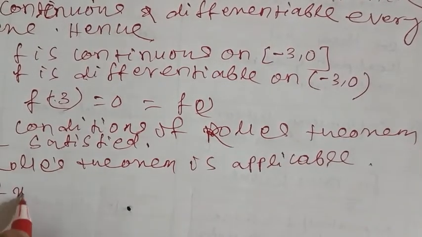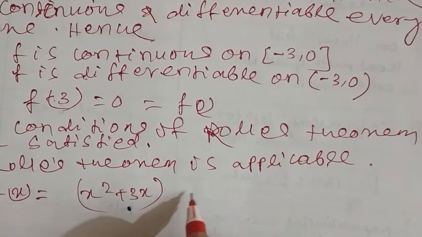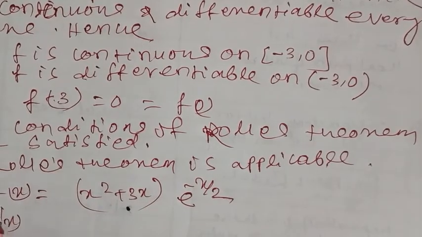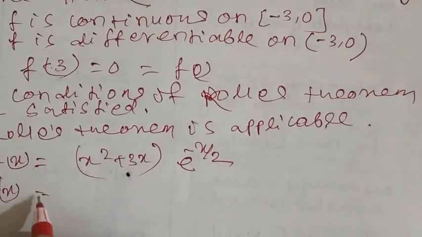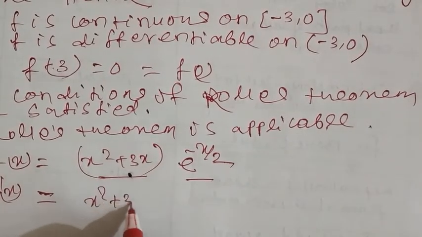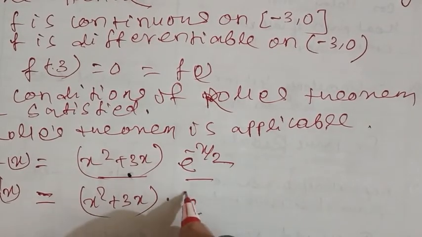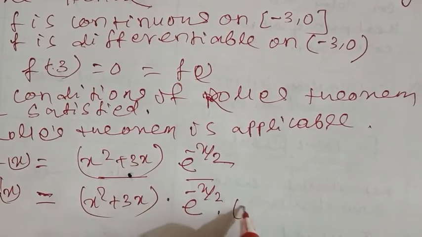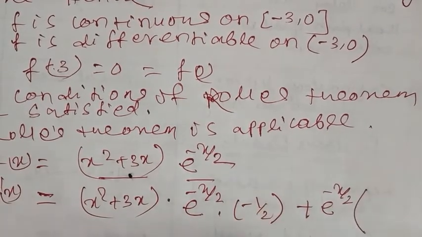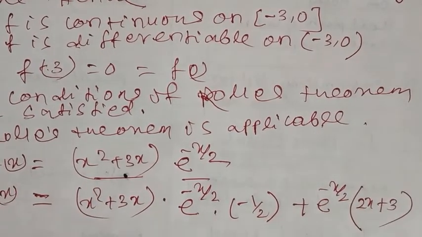Now, what is my f(x)? It is (x² + 3x) e^(-x/2). What is my f'(x)? It is first into derivative of second, (x² + 3x) e^(-x/2) into derivative of the exponent, minus half, plus e^(-x/2) into derivative of first, 2x + 3.